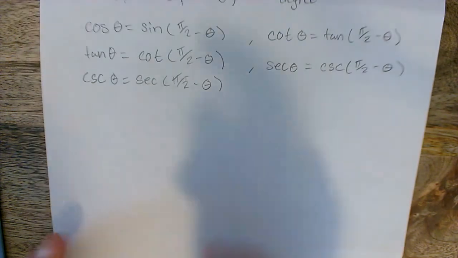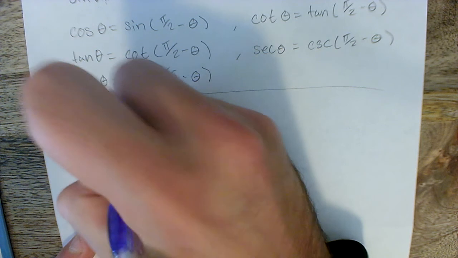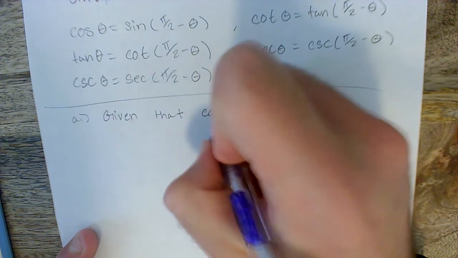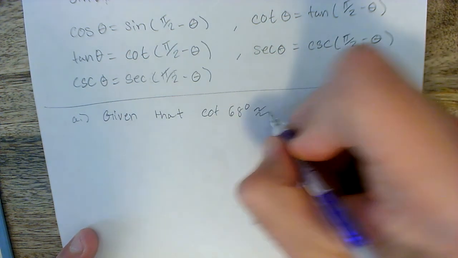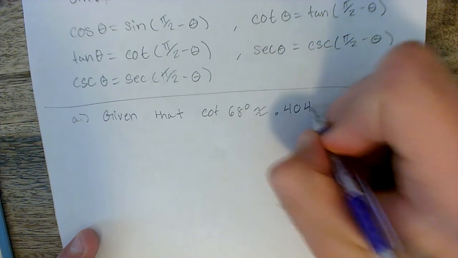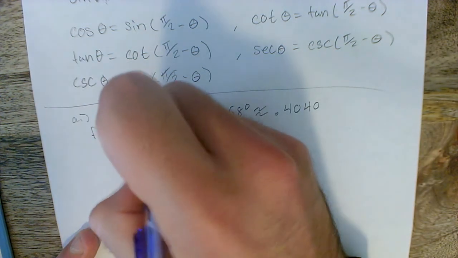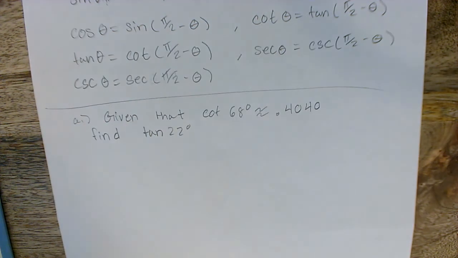Okay, so let's do an example using these identities. Problem 2a: given that the cotangent of 68 degrees is approximately equal to 0.4040, find the tangent of 22 degrees.